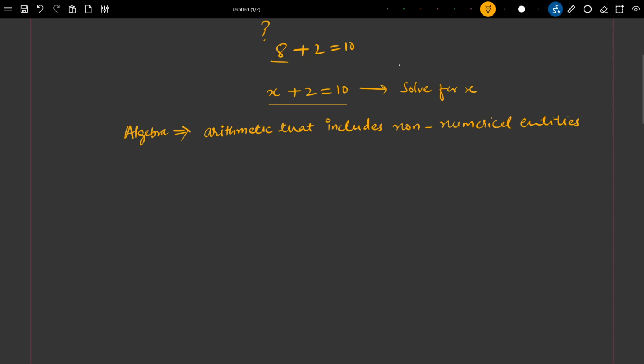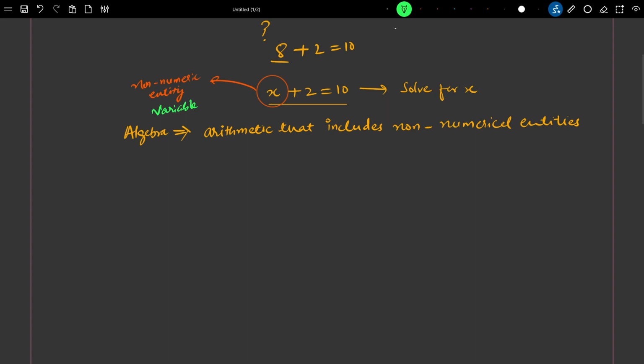The non-numerical entity here is this x. So x is a non-numeric entity. Sometimes this is also called a variable. Okay, this is also called a variable.